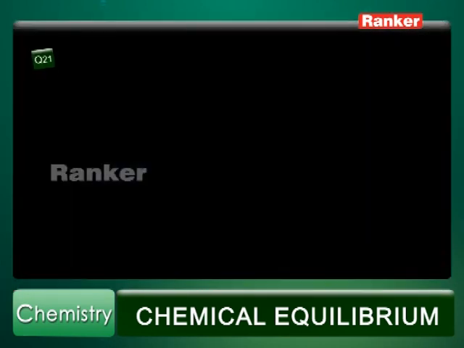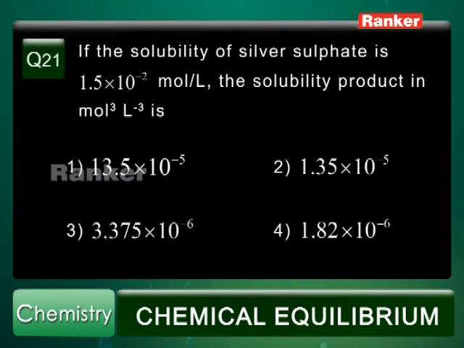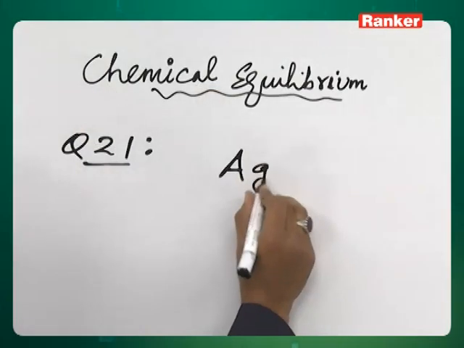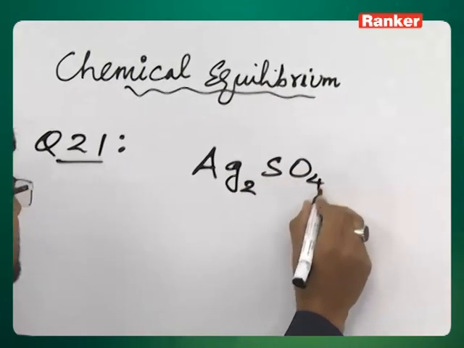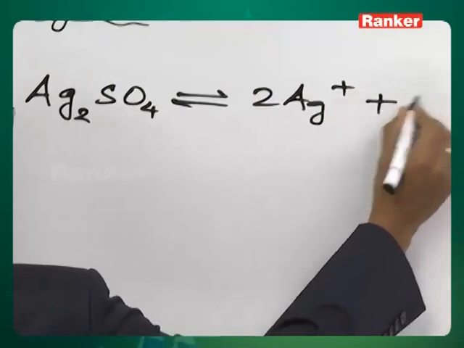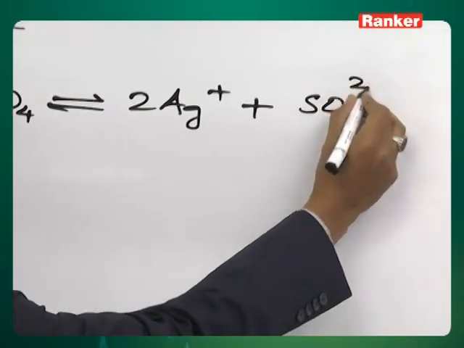Question number 21. If the solubility of silver sulfate is 1.5 into 10 raised to minus 2 moles per liter, the solubility product in moles cube per liter cube is? Silver sulfate, Ag2SO4 gives rise to 2Ag plus SO4 2 minus.